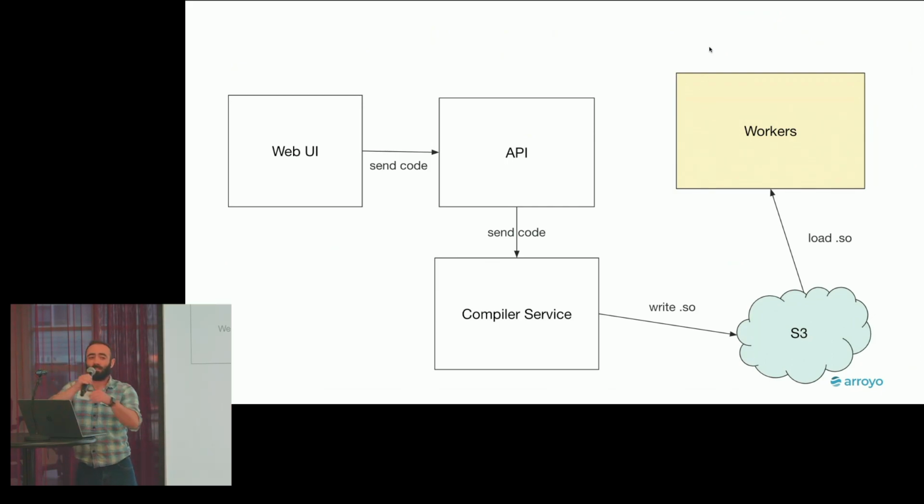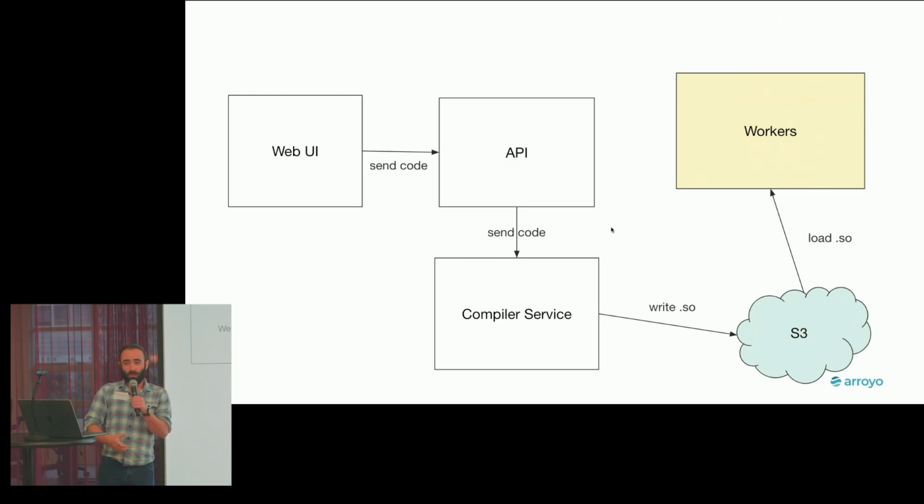So what's happening behind the scenes here? We have that web UI. When you hit preview, it's making a request to the API server that I'm also running on my laptop. It's sending the UDF code, which then gets sent to another compiler service. In this case, it's all running together, but you could also run this distributed if you wanted to. The compiler service generates a crate for that UDF with all of the dependencies that we specified.